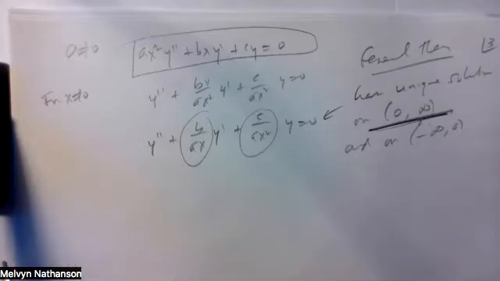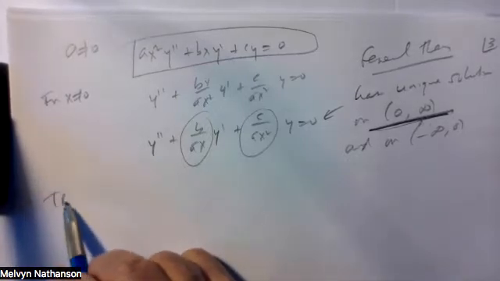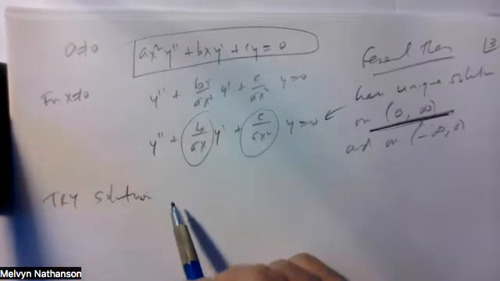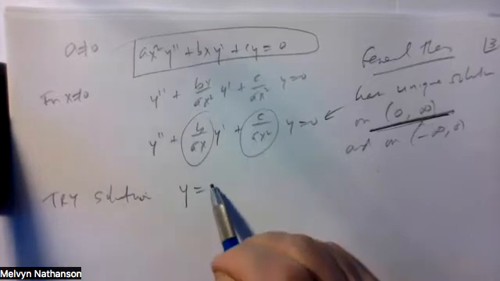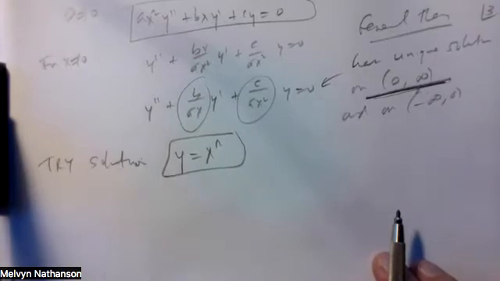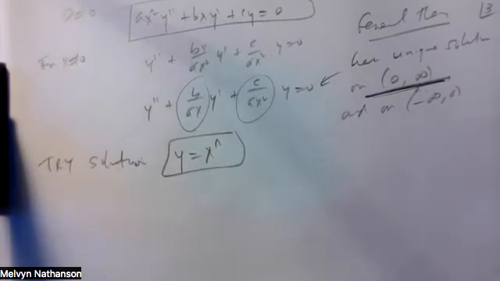So let's experiment. Let's try a solution that is just a power of x. Suppose we have y equal x to the r. Remember, when we were looking at second order equations with constant coefficients, we looked for solutions of the form e to the r x.